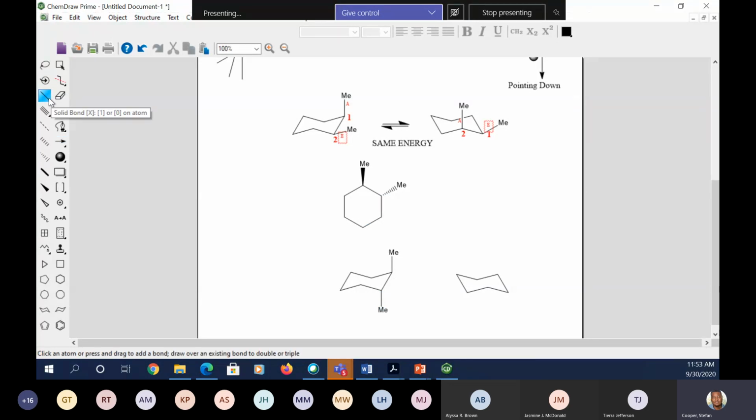And if I did my ring flip, my carbon 1 would be equatorial. My carbon 2, which is the bottom, is going to have to be also equatorial. So I got 2 equatorial bonds in one molecule.